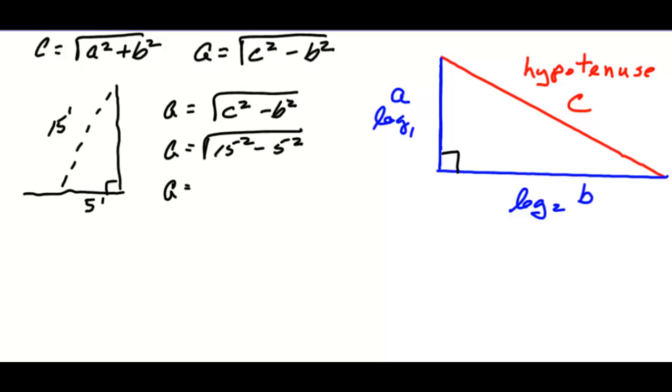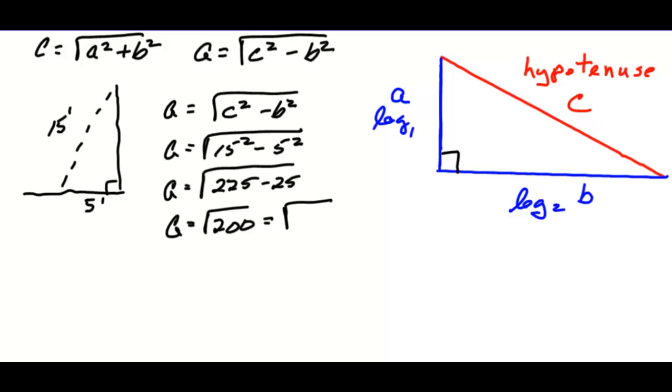Therefore, A equals the square root of 225 minus 25. And therefore, A equals the square root of 200. Now, in this particular case, I can rationalize that by saying that's the same thing as the square root of 100 times the square root of 2, or that's 10 times the square root of 2.